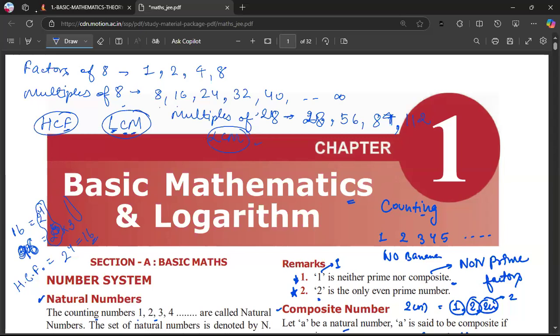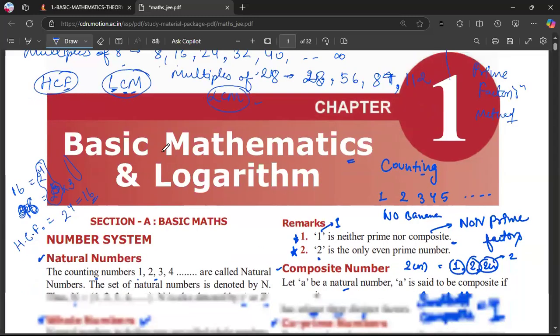And there is also a better method to find LCM using the prime factorization method. So is this clear about HCF and LCM? Yes, sir.